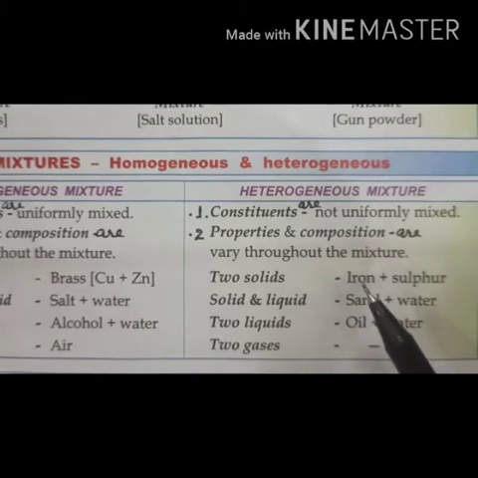Examples: when iron pieces are mixed with sulfur powder, you get a heterogeneous mixture, because you can easily see iron particles as well as sulfur particles. The same way, when you mix sand and water, what happens? Sand particles are easily visible and water is also easily visible.